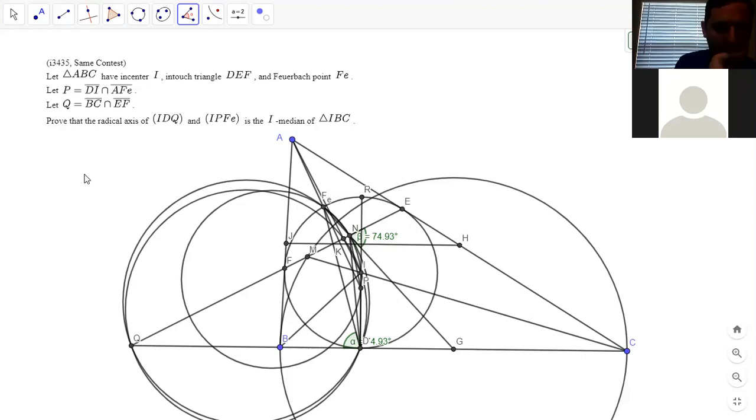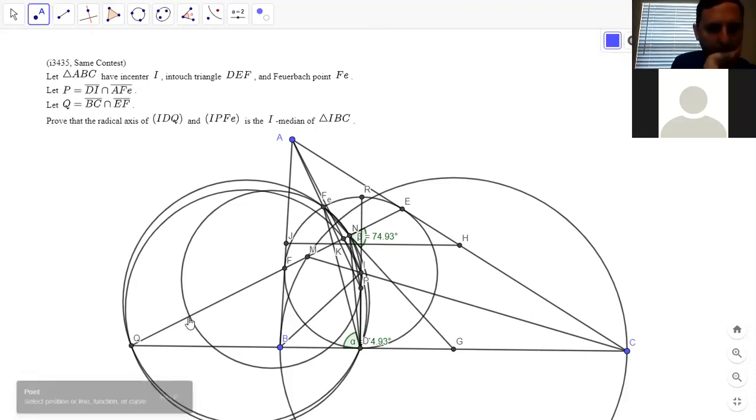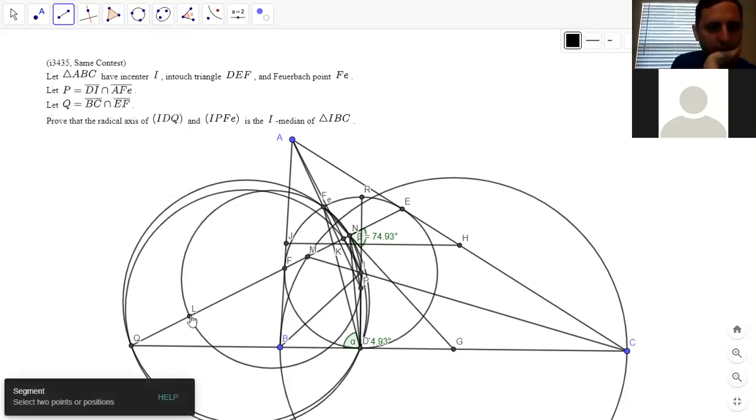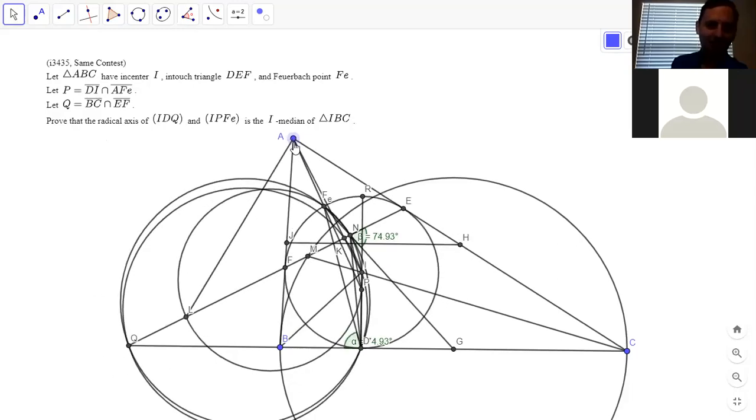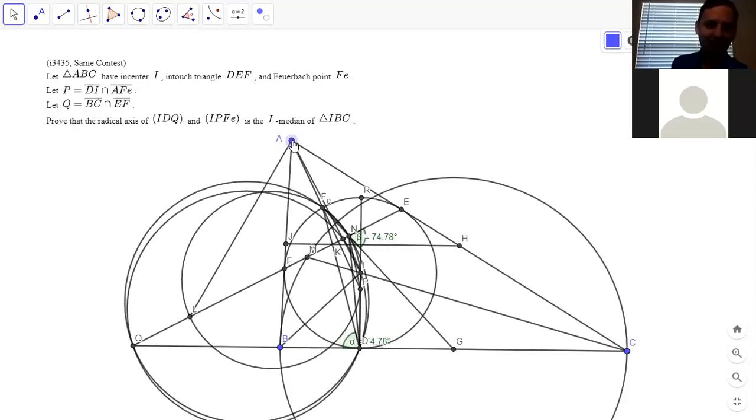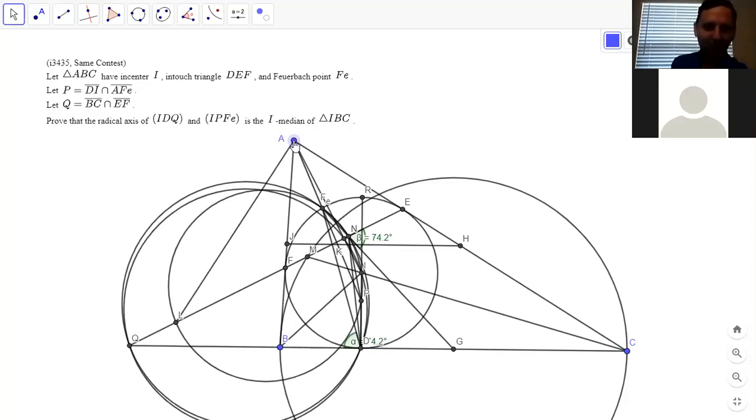And PNQ, maybe it's worth drawing this point here. I wonder. Yeah, it almost looks like these concur, doesn't it? Yeah, that's interesting. Because if that's true, then PNQ is equal to PNL.